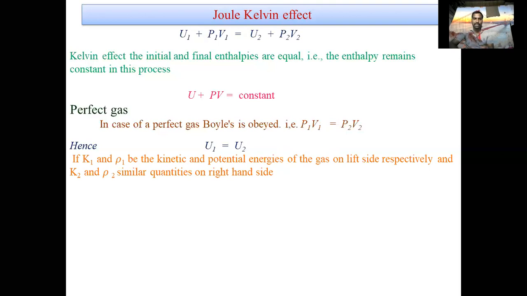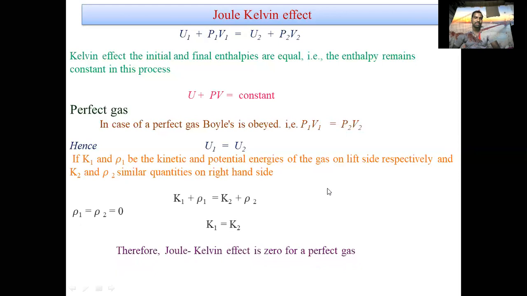Suppose both energies are equal. The total energy is equal to kinetic energy and potential energy. Using this relation, the internal energy is equal to internal kinetic energy and internal potential energy.